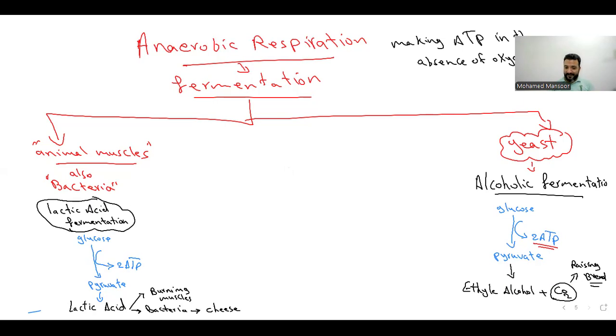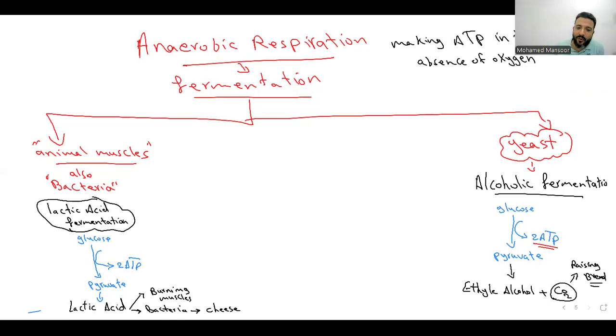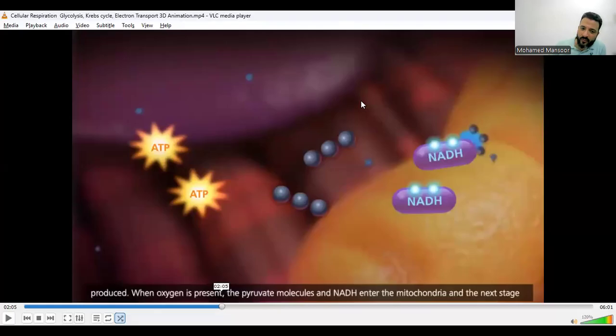Okay, I understood. The woman said it in the video. She said, when oxygen is present, here we go. I like this word. Look, here we go. We are in the glycolysis now. We split the glucose into pyruvate and made ATP and NADH, right?